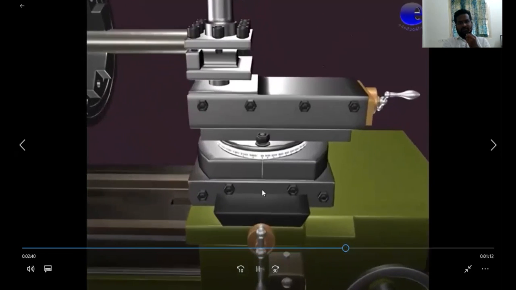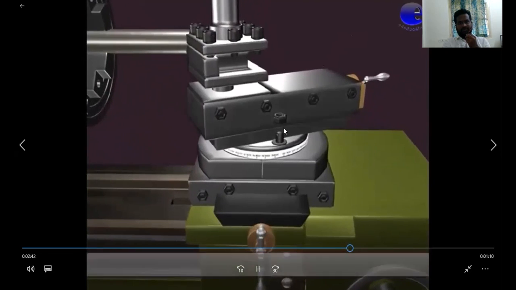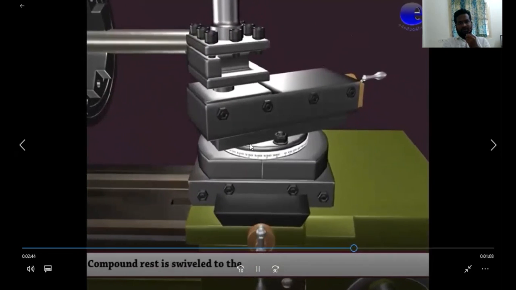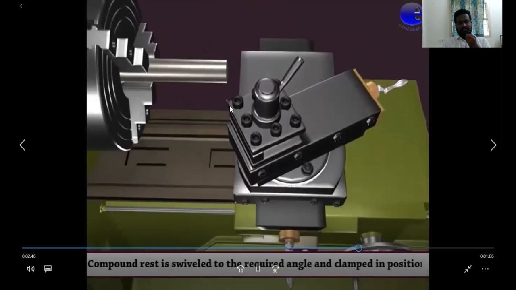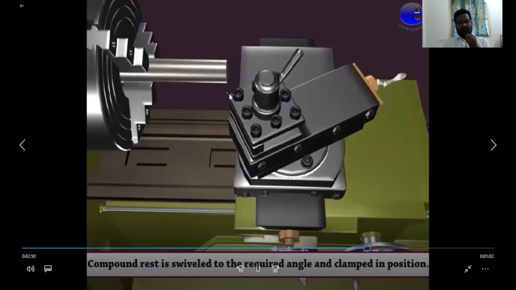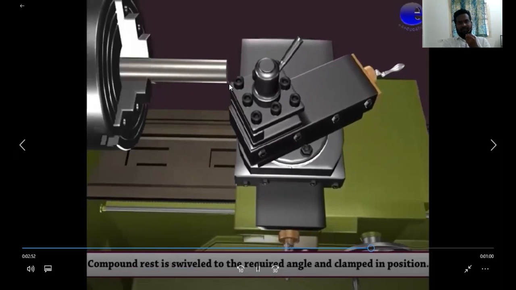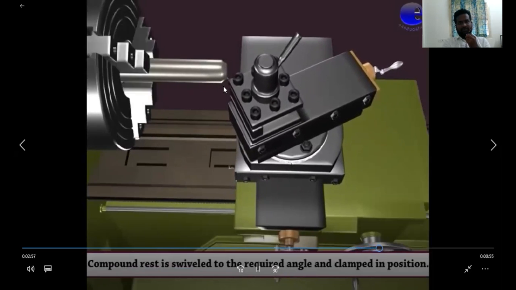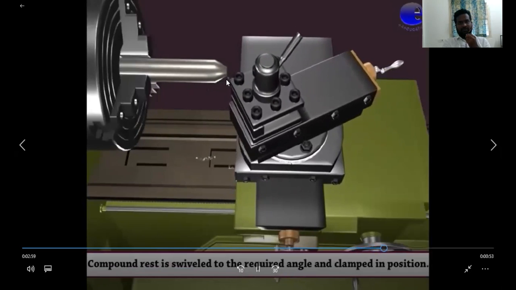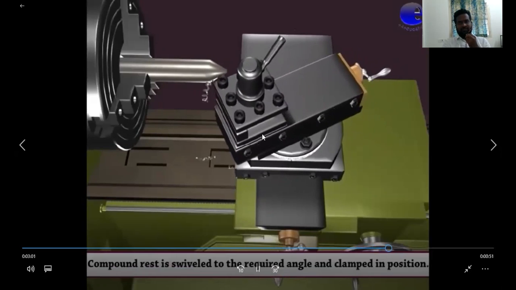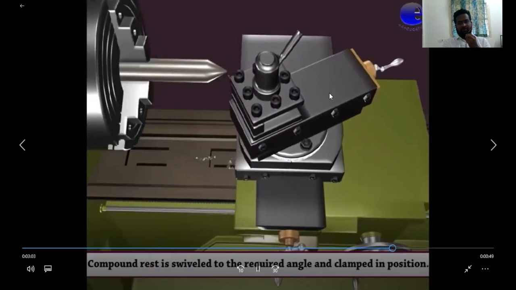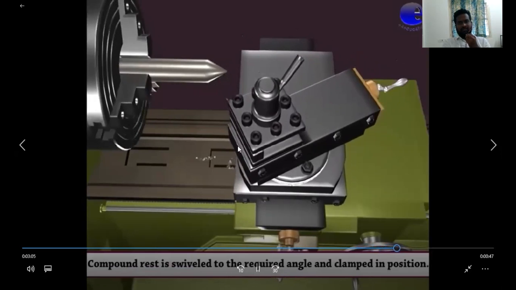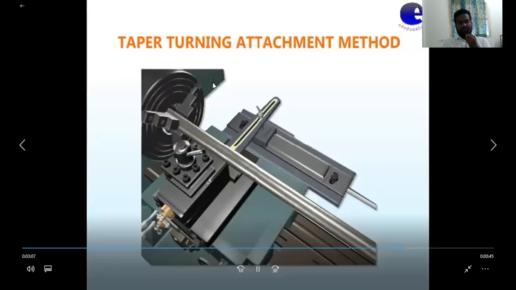Observe here, we are loosening the nut and rotating through the degrees of the taper we need. With that angle, we produce the taper shape by movement of the compound rest, removing the material in the form of chips.